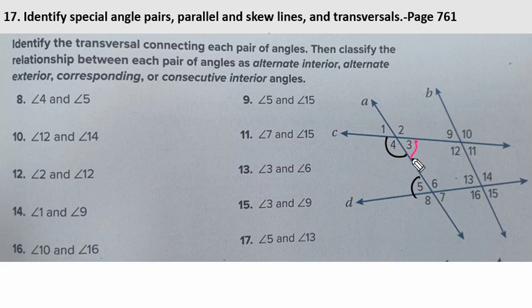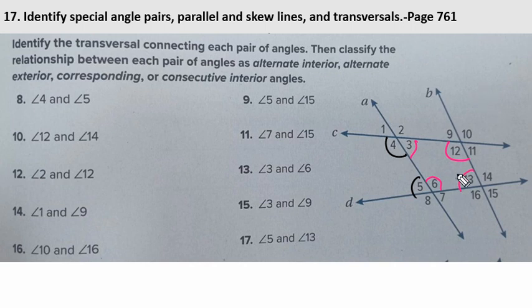Let's try to figure out other consecutive interior angles. What about 3 and 6? Is this consecutive interior? Yes, it is. Same side, inside. Now, if I say B is the transversal line, then 12 and 13. Is this consecutive interior?